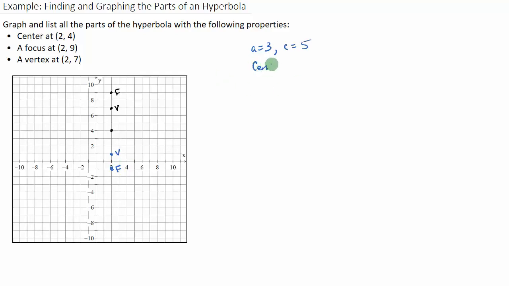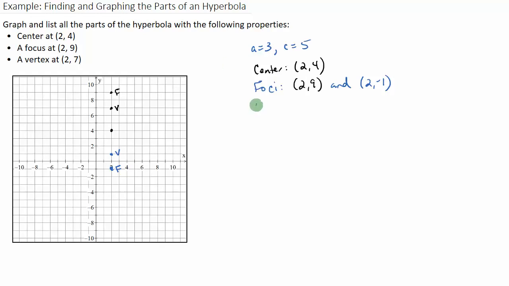So I have the center, which actually was given, so let me write that in black. The center is the ordered pair 2, 4. The foci: one that was given is 2, 9, and the one that we've determined ourselves is down here at 2, -1.